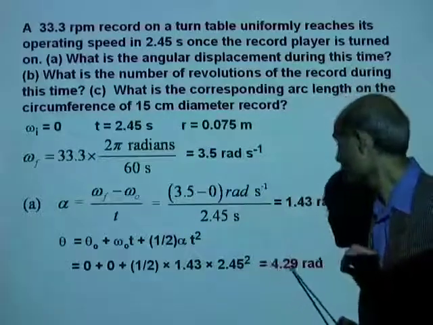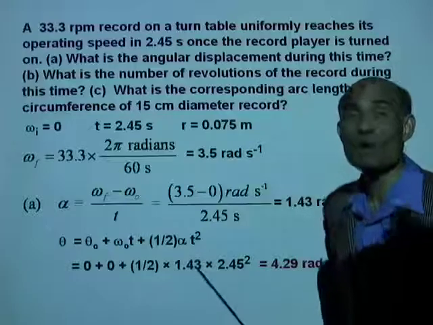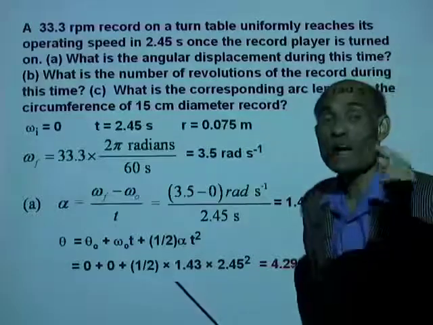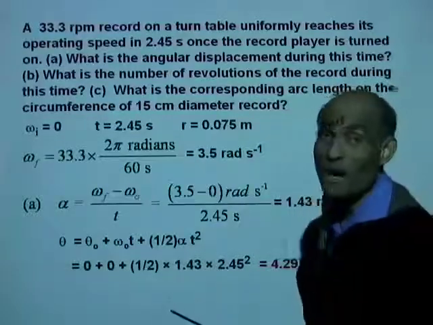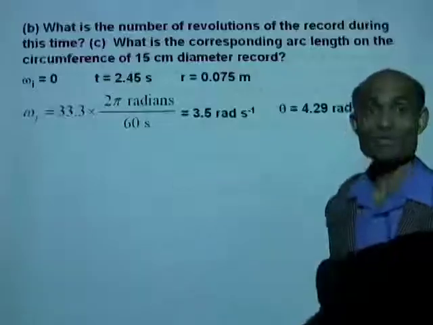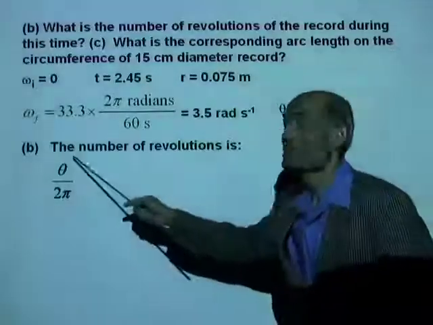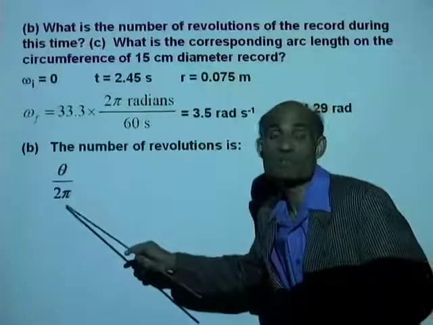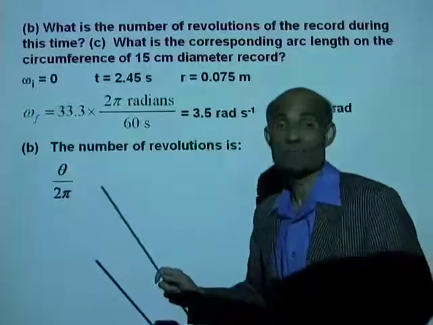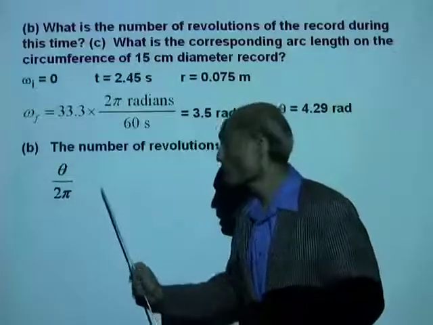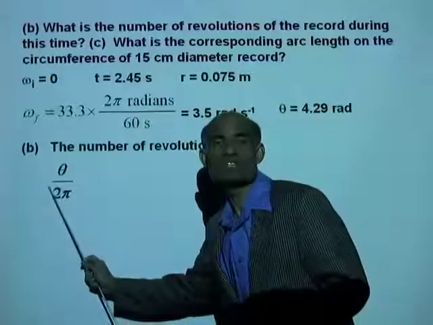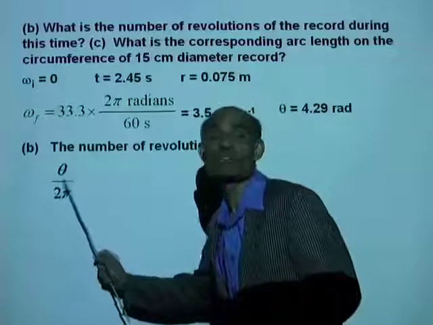Therefore, 4.29 radian will correspond to 4.29 divided by 2 pi number of revolutions. So, the number of revolutions is the angular displacement divided by 2 pi. I hope you understand that, because each revolution is 2 pi radians.